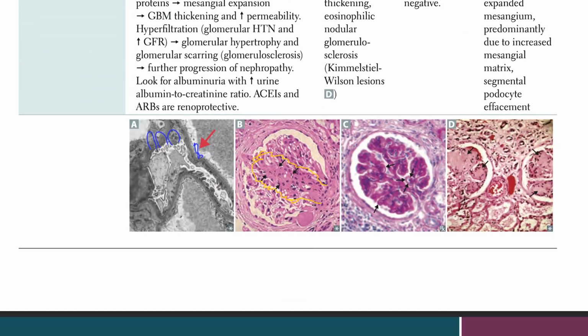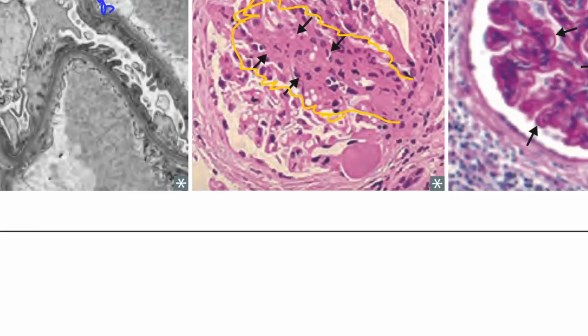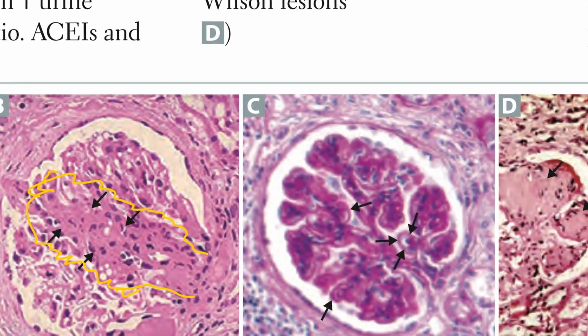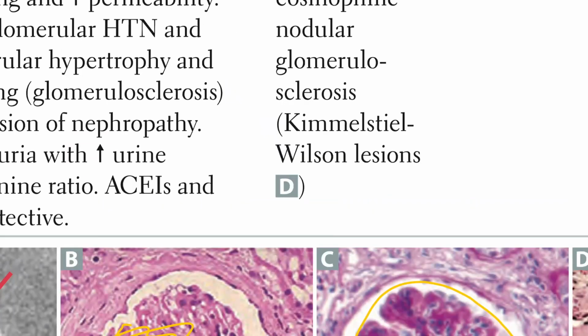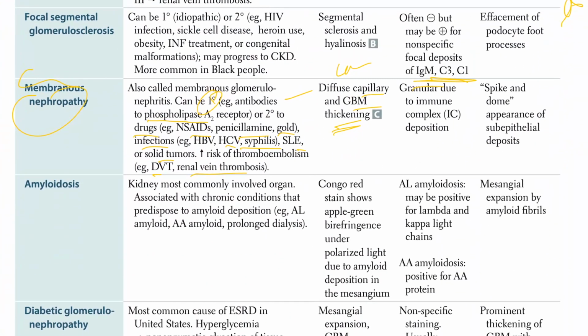Look at picture C. Here we had sclerosis of only a segment. Here we have diffuse membranous nephropathy, diffuse capillary and glomerular basement membrane thickening.